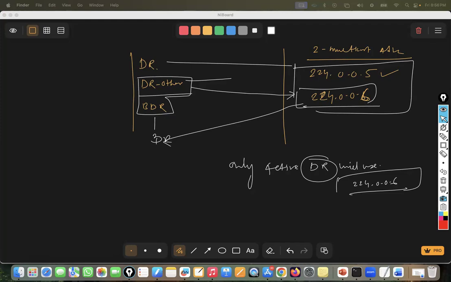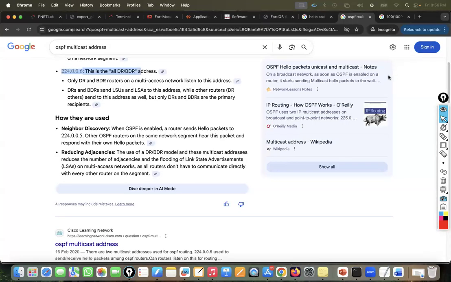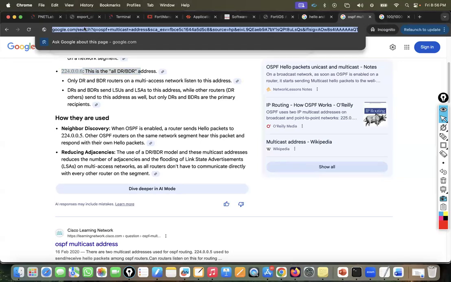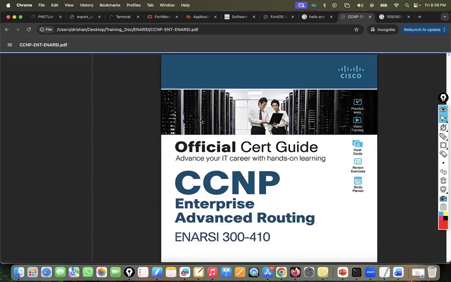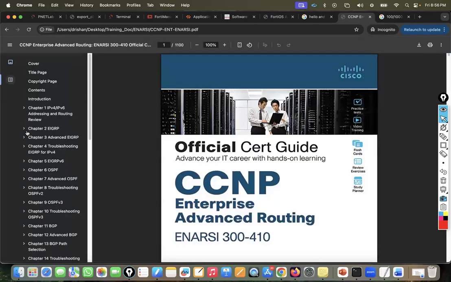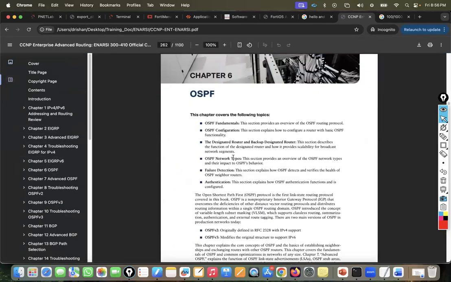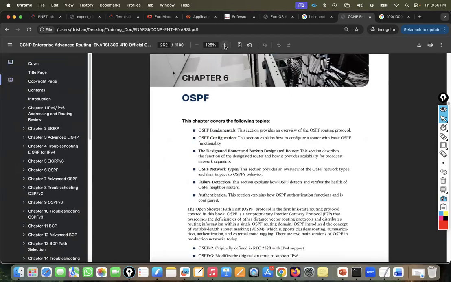Okay, here, NRC. Because we have to understand these things fundamentally to build a very good base. So if I go here and go to OSPF, let me show you.